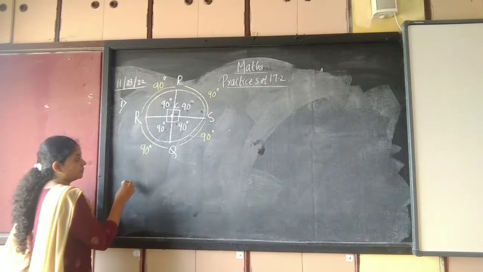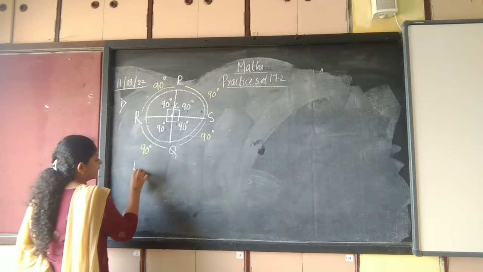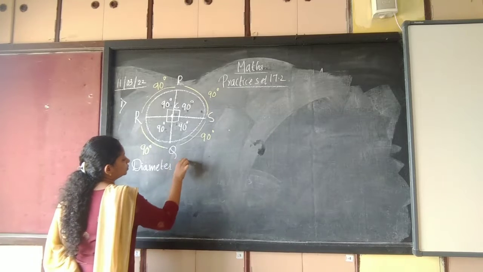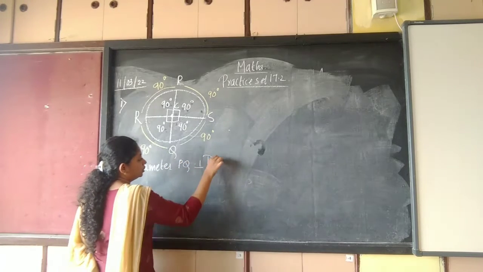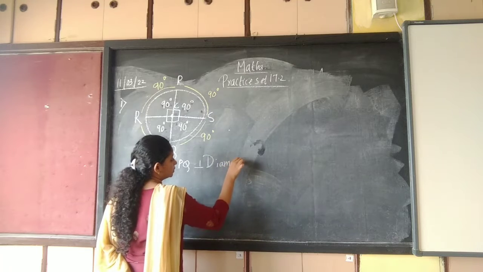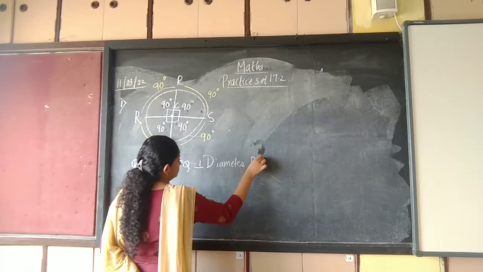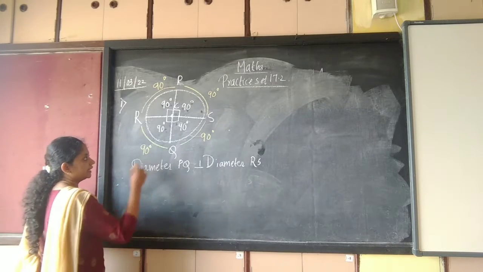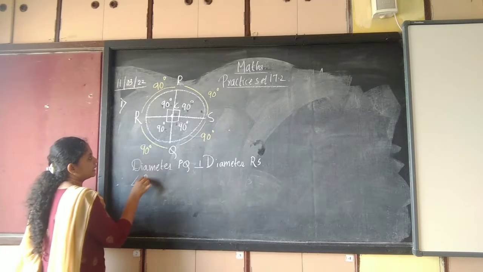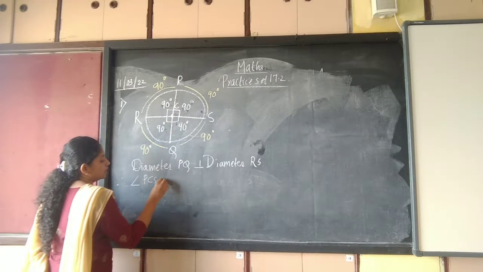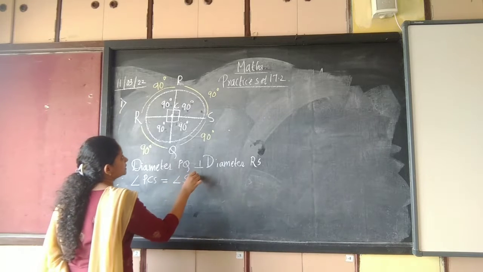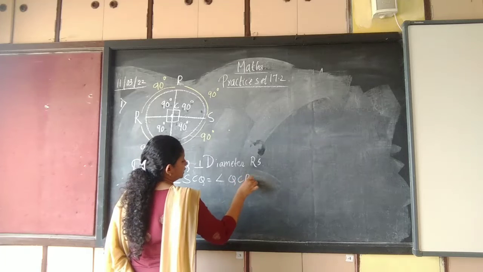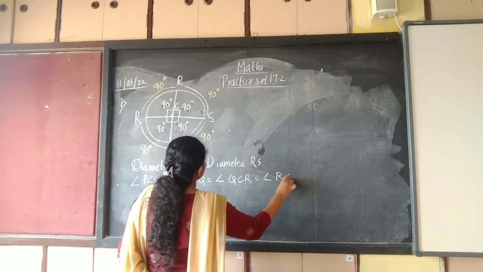So we have to write some steps here. Diameter PQ is perpendicular to diameter RS. As they are perpendicular to each other, we can tell that angle PCS is equal to angle SCQ is equal to angle QCR is equal to angle RCP.